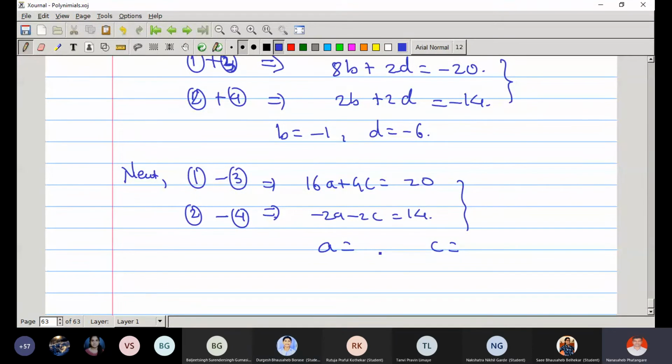And c is equal to minus 59 upon 6. Minus 59 upon 6, value of c. Yes, sir, from the value of A.